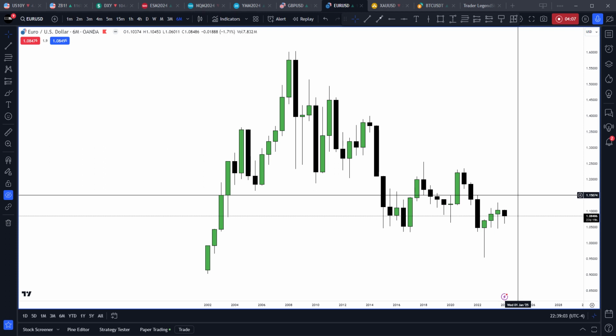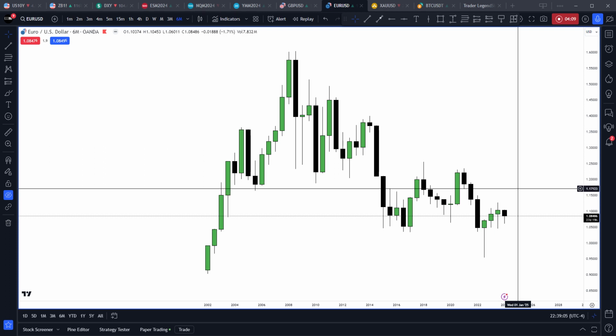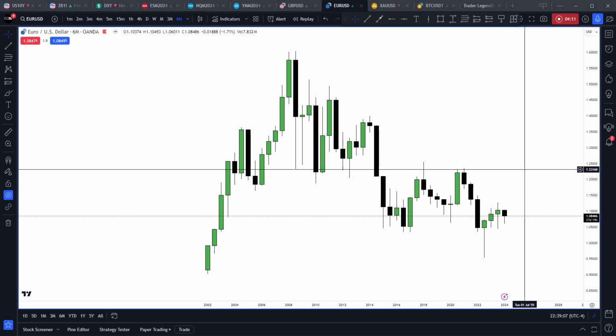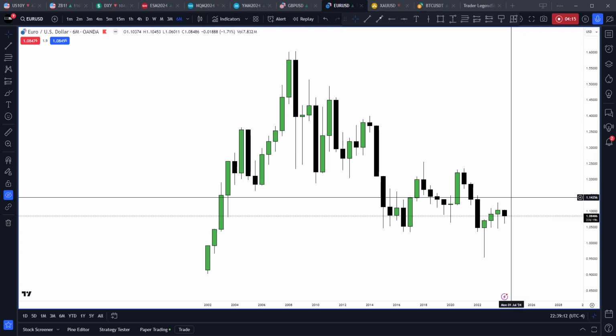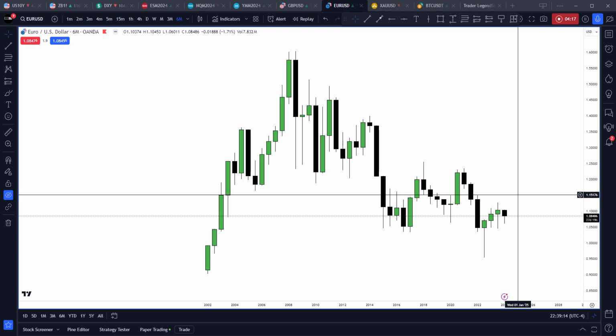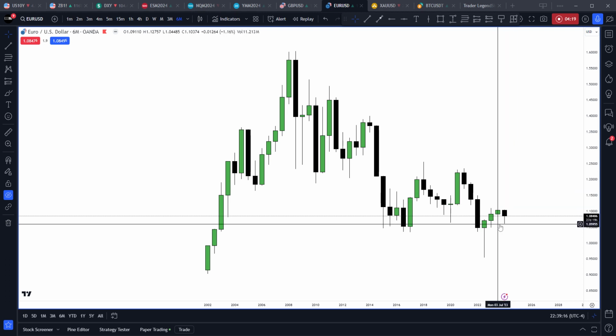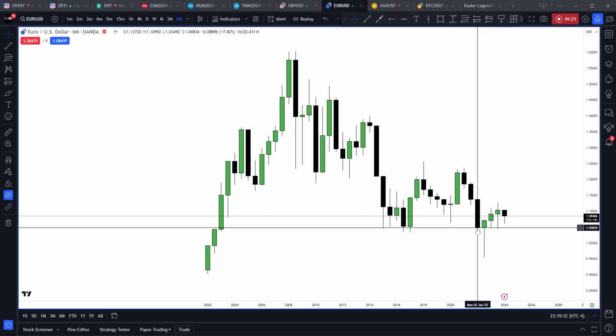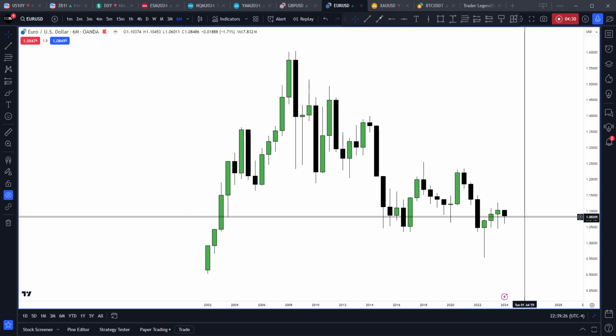Well, it would be 115 to 117. And our next point of interest would be 1.23. But that is a bit too far. I believe we have to take it one step at a time. So my next point of interest would be 1.12757. Then 1.14950, and we'll leave it as that.